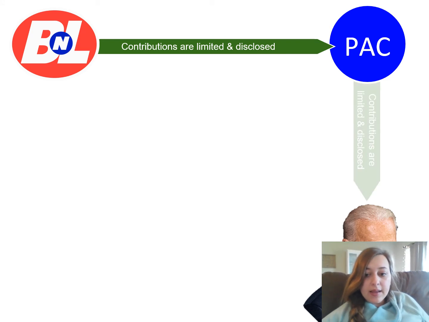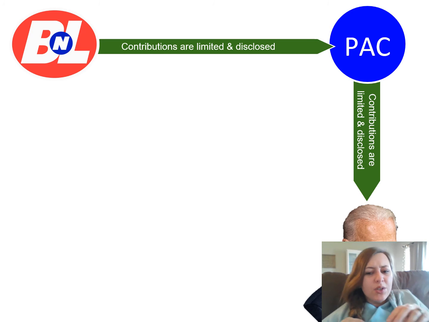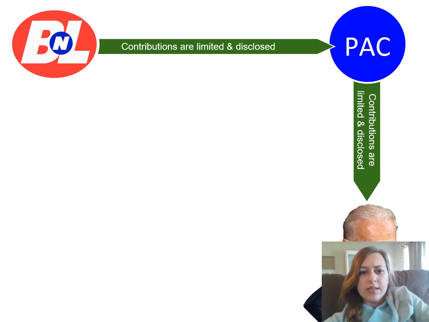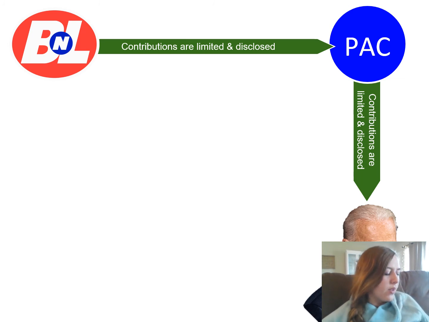Then this PAC can give money to the candidate. We have to do a little bit of searching on the FEC website, but we can see that a PAC gave money to Joe Biden, and then we can click on that PAC and see who gave money to that PAC. So now we can see how you indirectly supported Joe Biden for president. We can look it up. We can trace it.